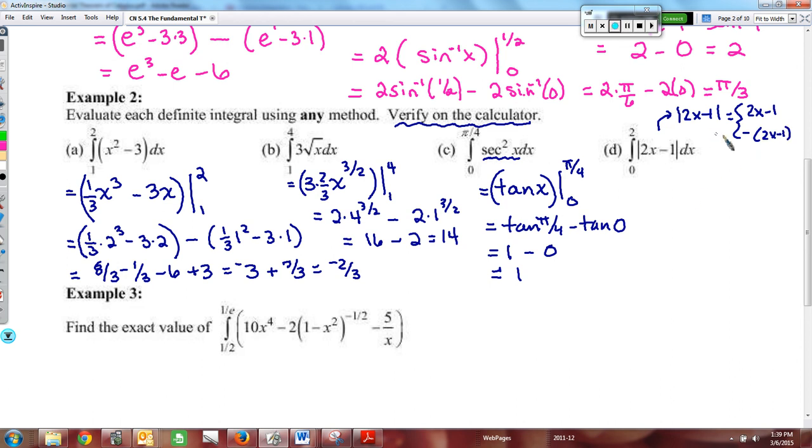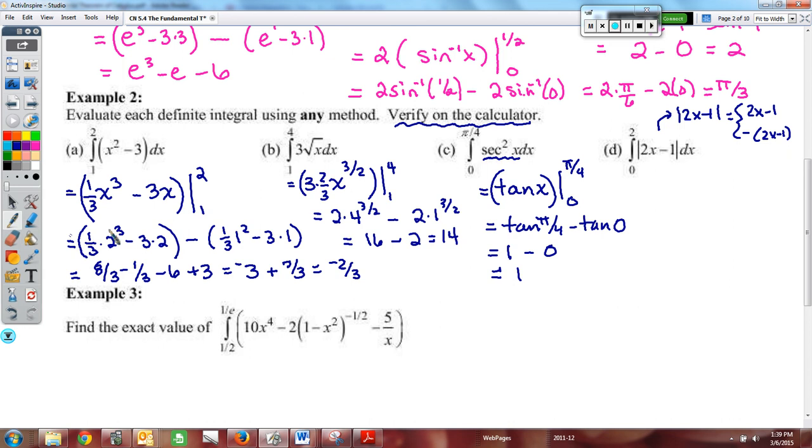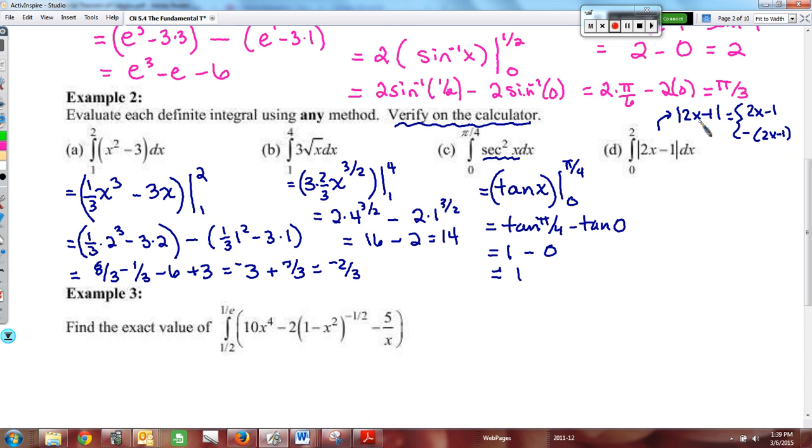So now we need to figure out when it's positive and when it's negative, which would be when is it 0? It's 0 at x equal to 1/2. And if I pick a number before 1/2, say 0, it's going to be negative. So this part is x less than 1/2, and this part would be x greater than 1/2.